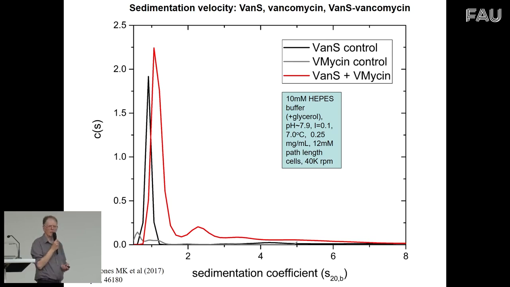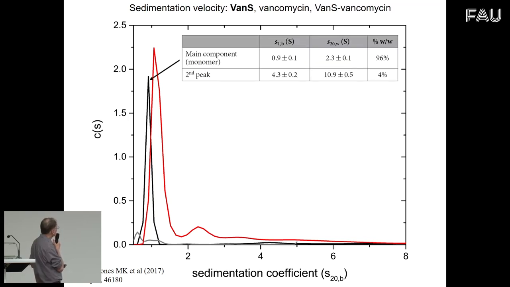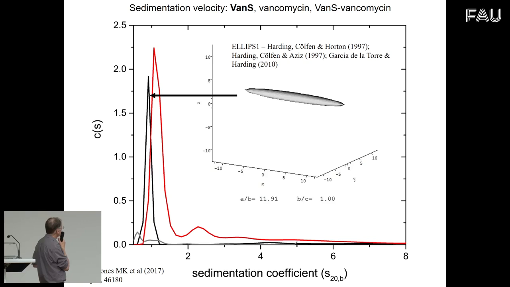And this was mentioned before, actually, low S values for a given molecular weight. This implies that Van S is very extended. So its S value after conversion is 2.5, W value is 2.3.